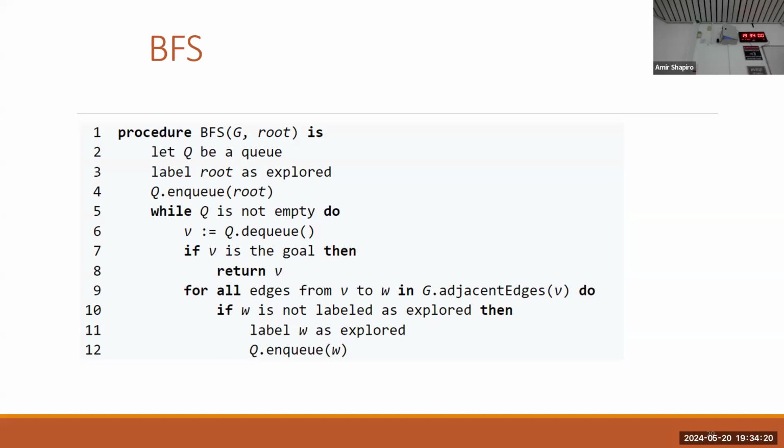If it's not the goal, for all edges from V to W in the adjacent edges of V, so all the vertices which are near V, they have edges to V, those are W. If W is not labeled as explored, then label W as explored and insert it into the queue. That's the idea. And let's do an example.